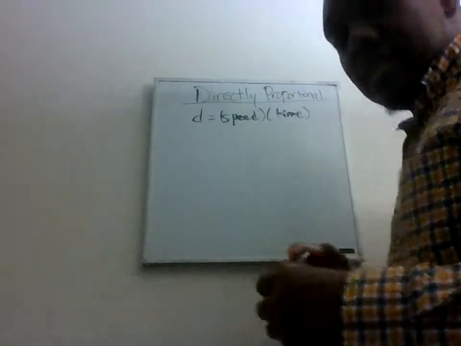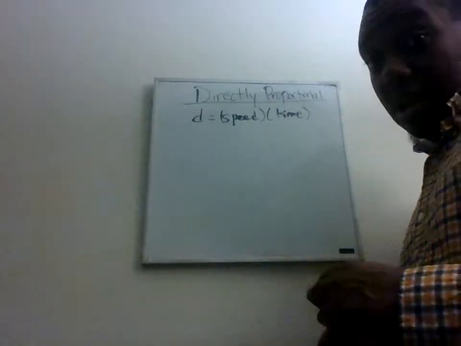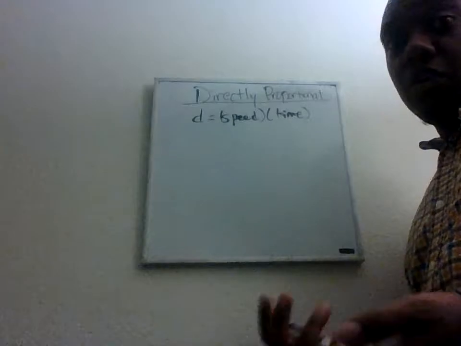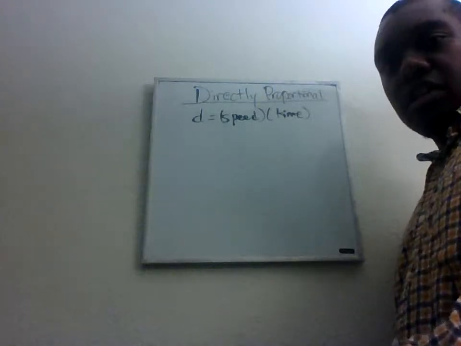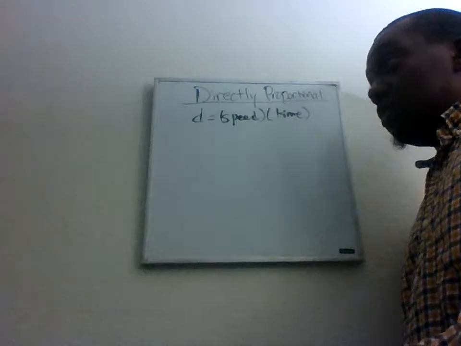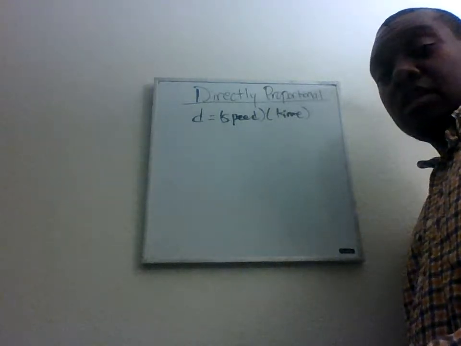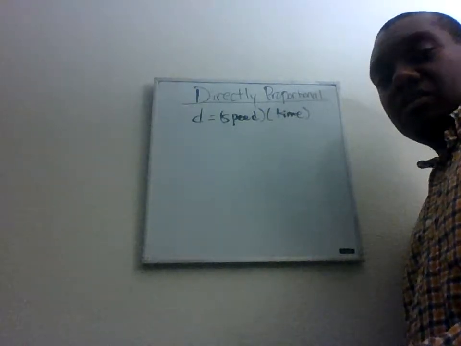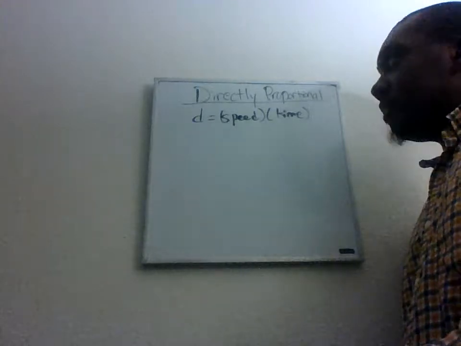So that's distance equals speed times time. That's a cool equation. Right? There's tons of others that you could use as well. Common ones people use are density equations, area equals length times width. Any of those will work fine.